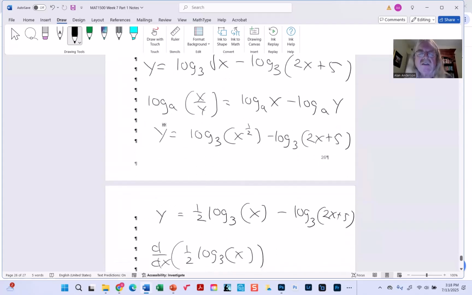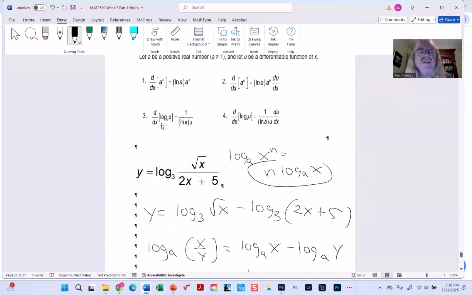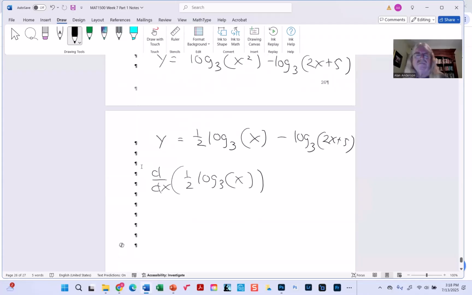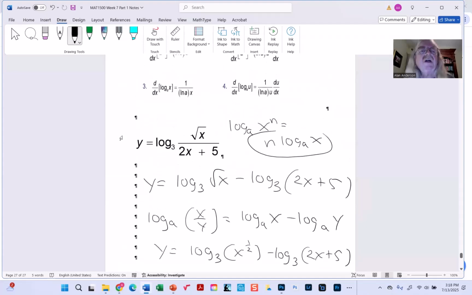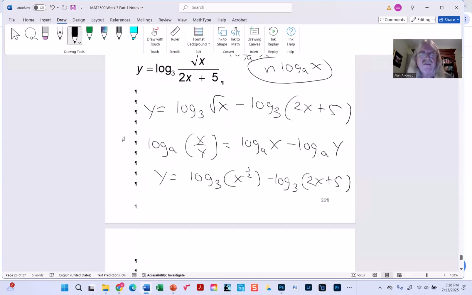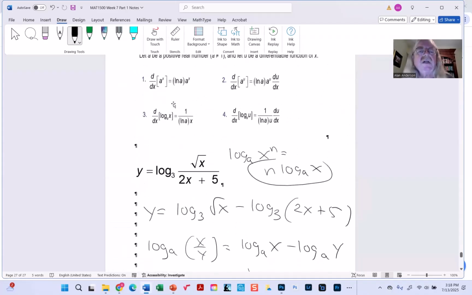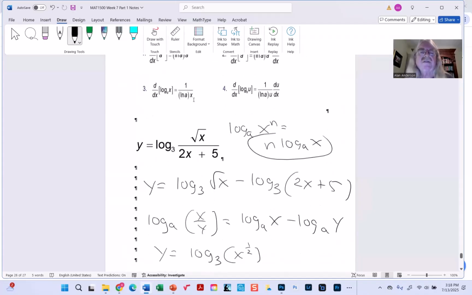It's the log to base a of x only, so it looks like this third one. That one will be 1 over log a of x, times x.